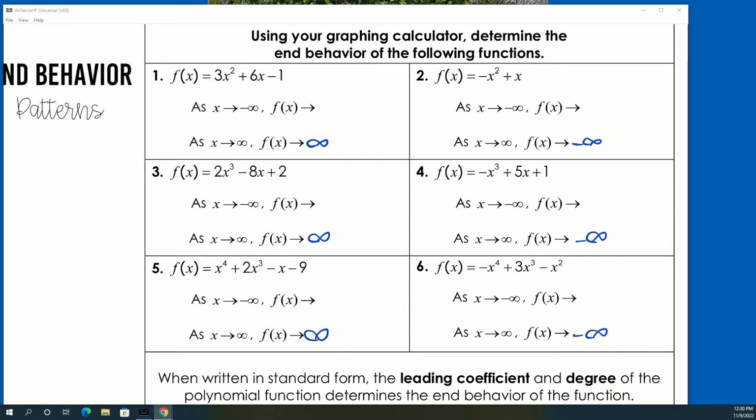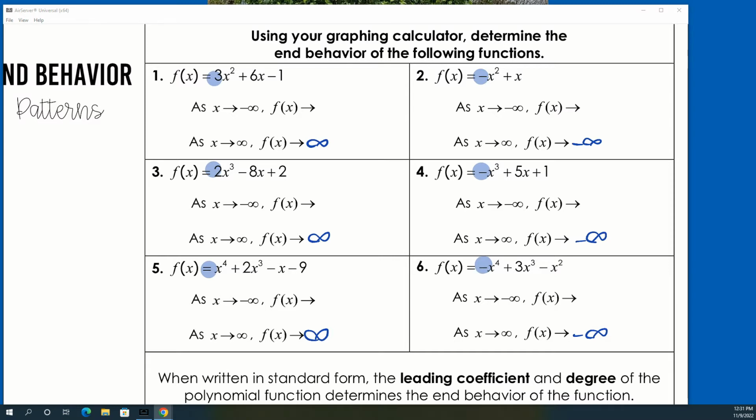All right, I'm going to go back and highlight what I was actually looking at whenever I decided those. So do you see some kind of relationship between what I highlighted and if I did positive or negative infinity?